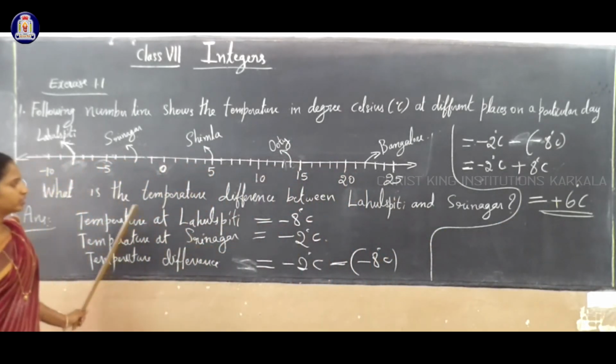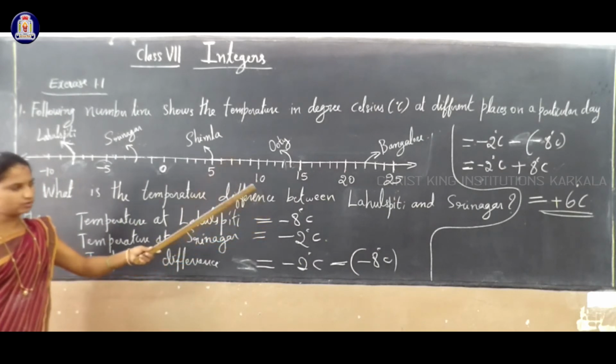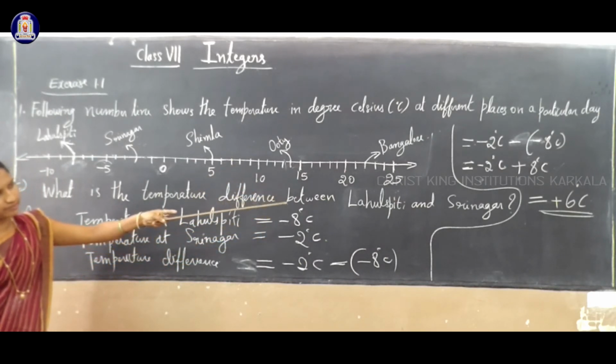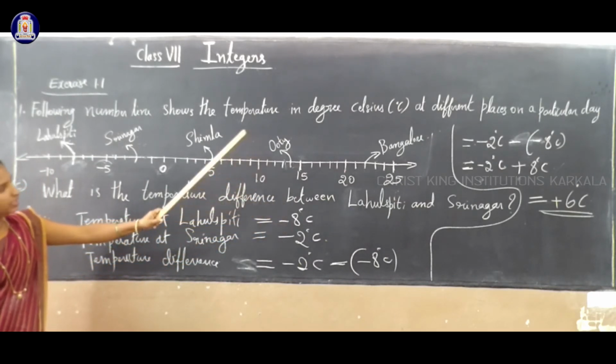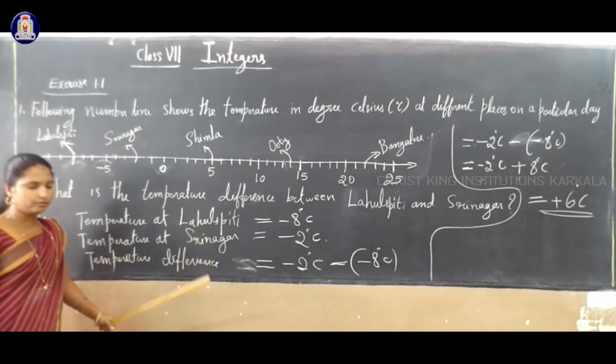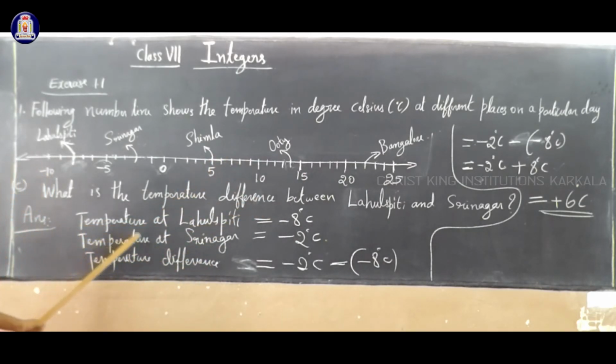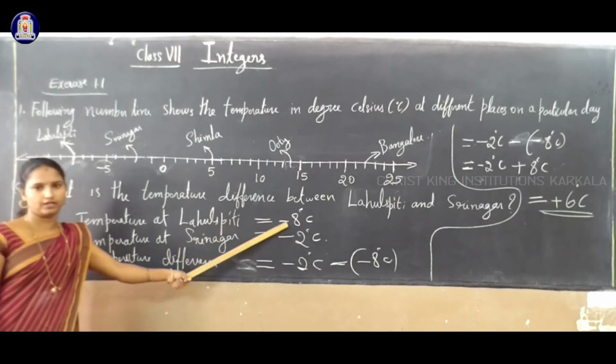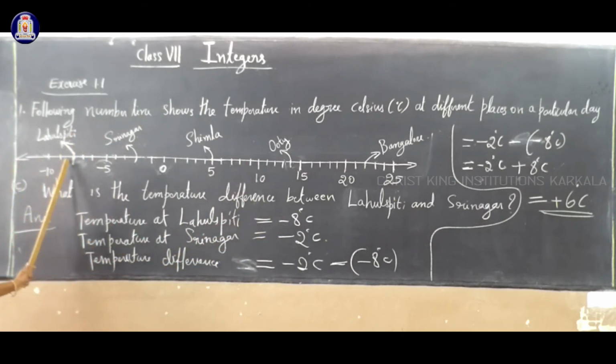Clear? So the question is to find the difference between Lahaul Spiti and Srinagar. For Lahaul Spiti, you have to mention that temperature. First write the temperature at Lahaul Spiti: see the number line and write. Here it is mentioned, -8 degree Celsius.